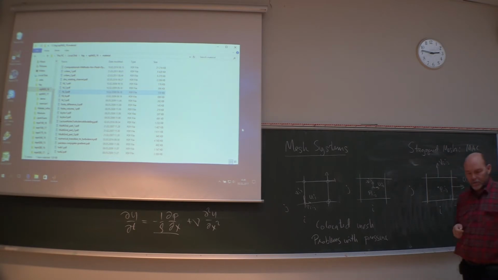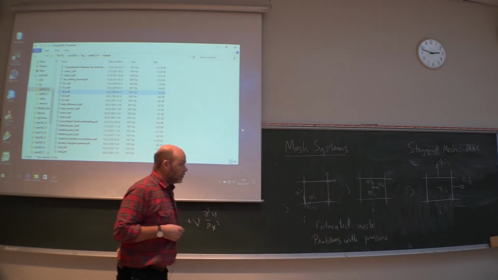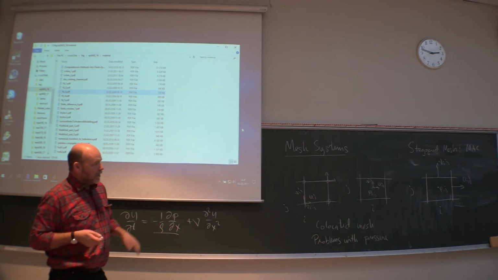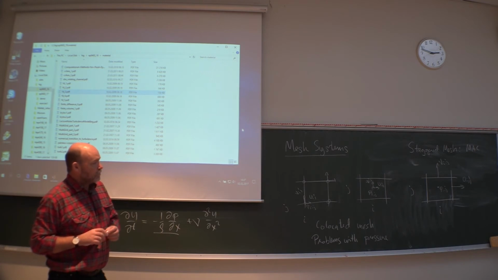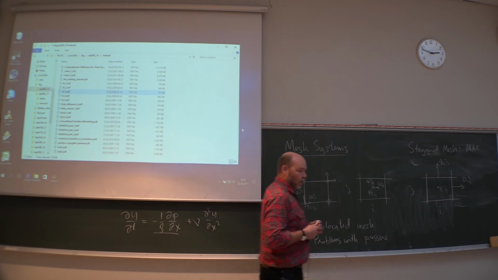That was the stroke of genius in that article. But still we call it a MAC mesh system. And yes, we are going to use this now in the SOLA algorithm.